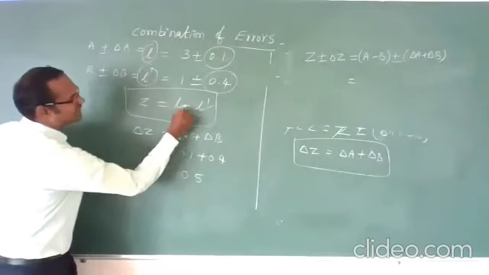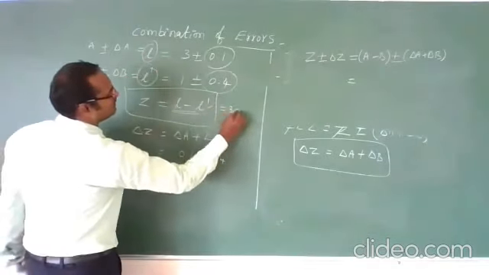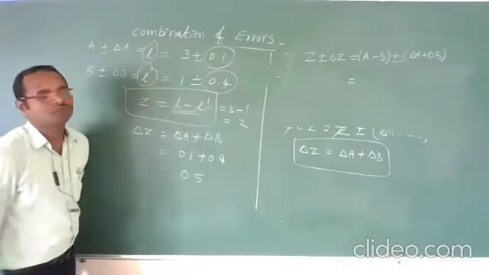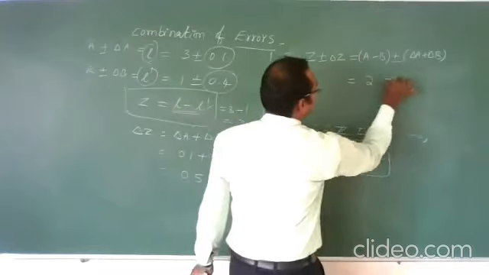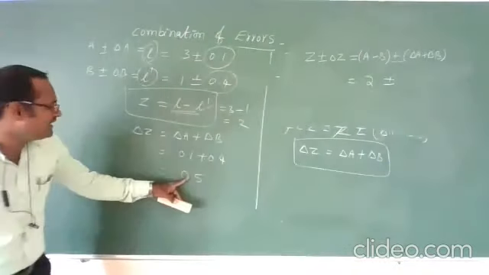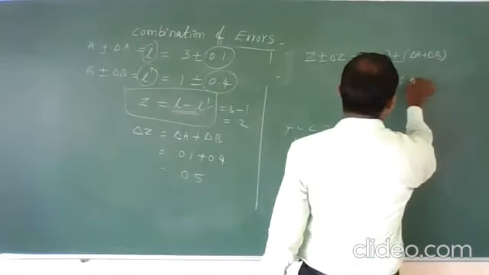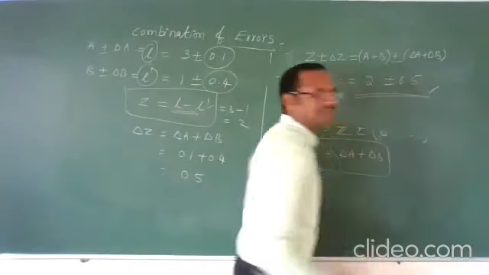Your Z value is L minus L dash. L is 3 minus L dash is 1, which is 2. So here it is 2 plus or minus delta A plus delta B, which we have already got as 0.5. This is the answer.